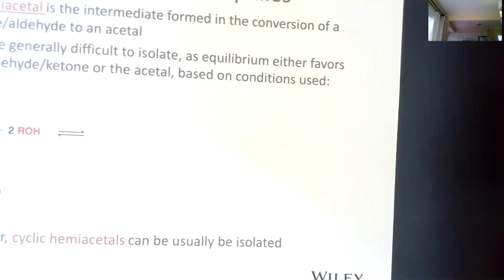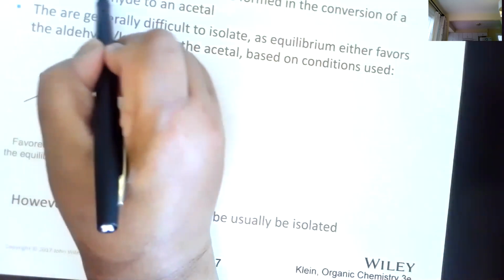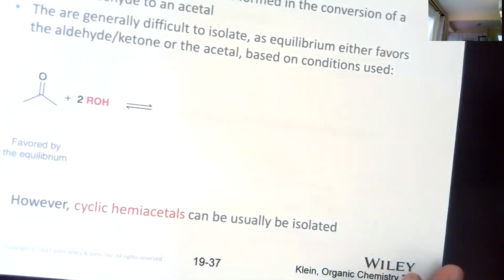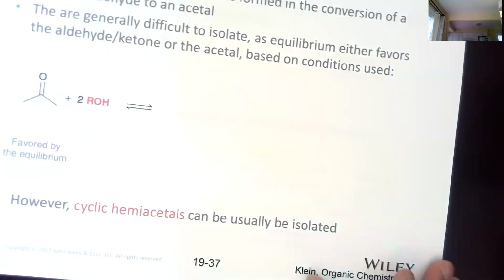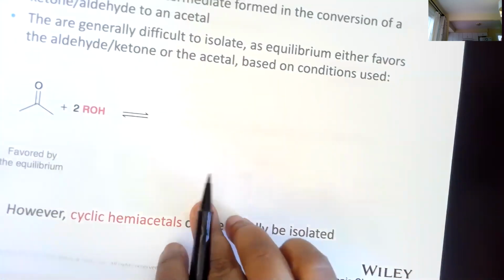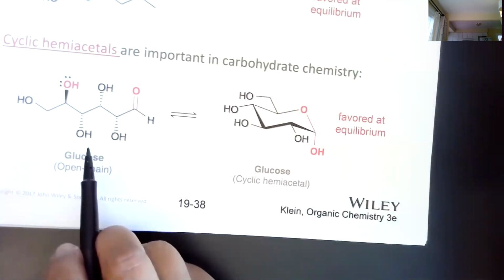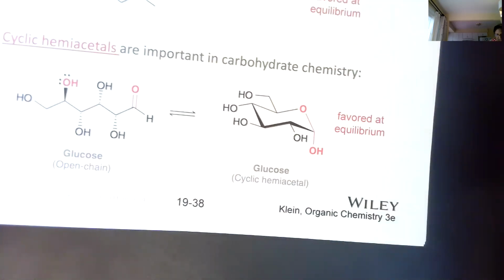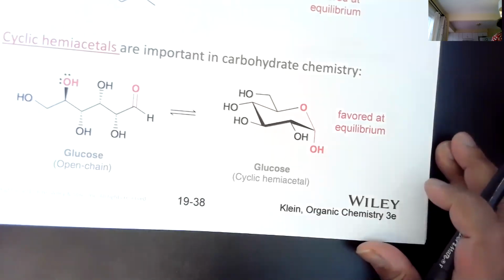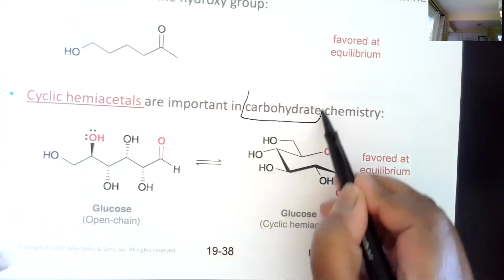Remember, halfway through the mechanism, we got what is called a hemiacetal. And on the next slide, this is glucose. You'll be learning about this in biochemistry, carbohydrate chemistry especially.